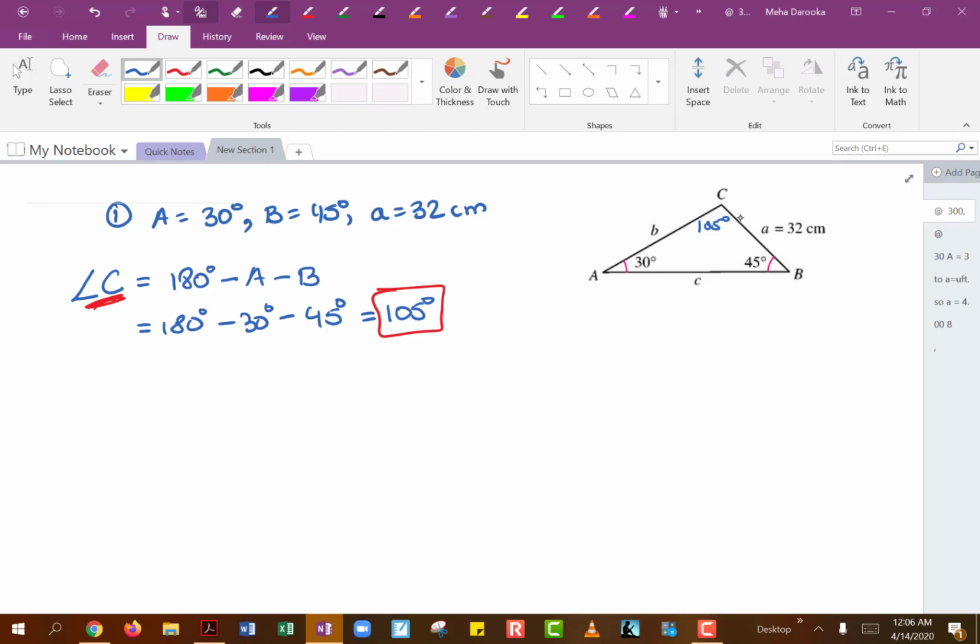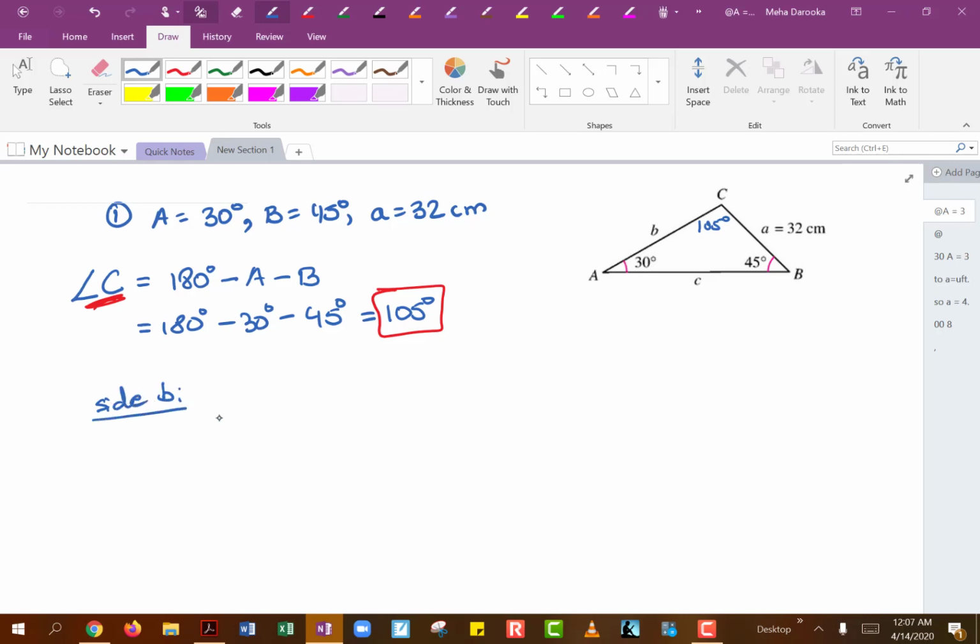Now to find your missing sides, we are given side a, so we have to find sides b and c. I guess it really doesn't matter, but we can start by finding, let's say, side b.